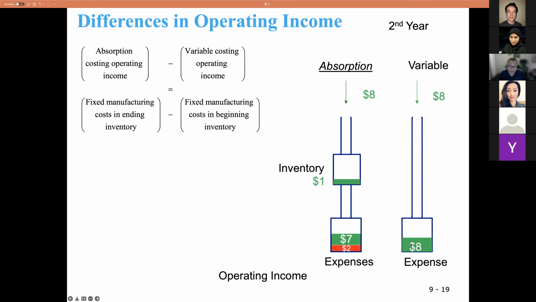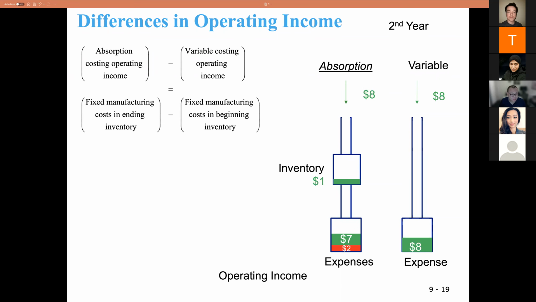The revenue, suppose, is still $20. What is the operating income under variable costing in the second year? 12. Yes, 20 revenue minus the expenses 8 is 12, right?